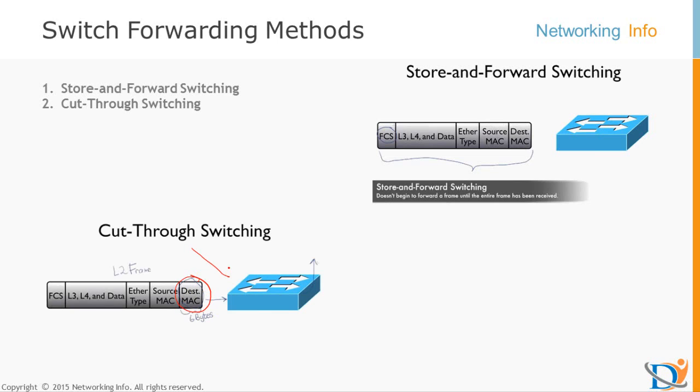Whenever any frame comes to the device, the switch looks at the destination MAC address and forwards it to the destination. That's it. It's not going to look at the fields in the frame, whether it is error free, or the source MAC address. It looks at the destination MAC address and forwards immediately.